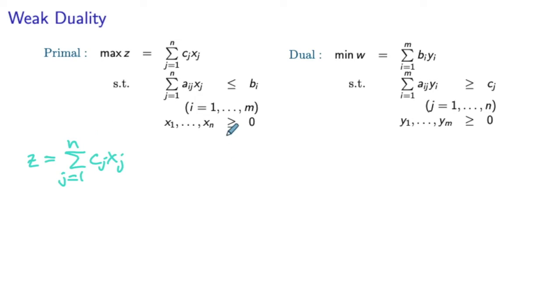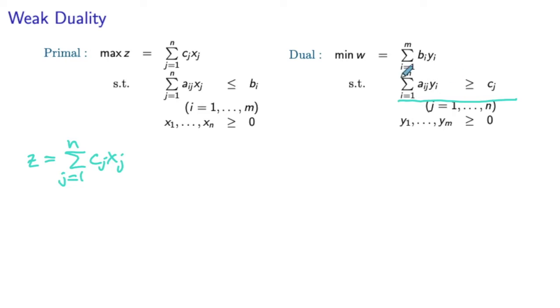Then, essentially, to derive the upper bound on Z, we developed the dual LP in which the constraints were responsible for dominating the coefficients in the objective of the primal in order to obtain the upper bound that we want. So we look at the constraints of the dual, and we see that this is exactly what we have here.